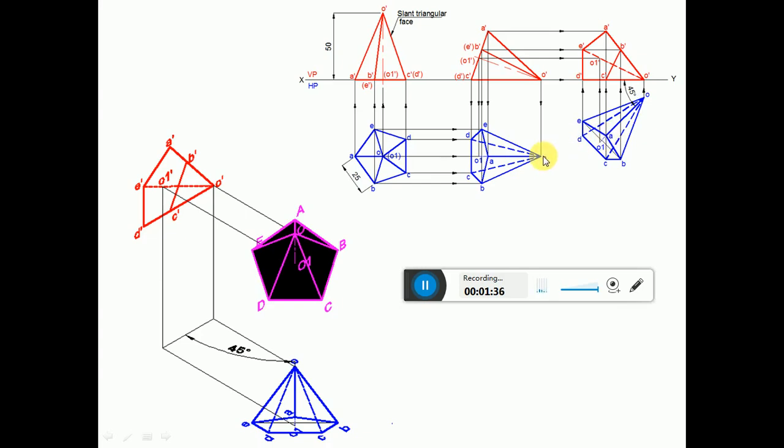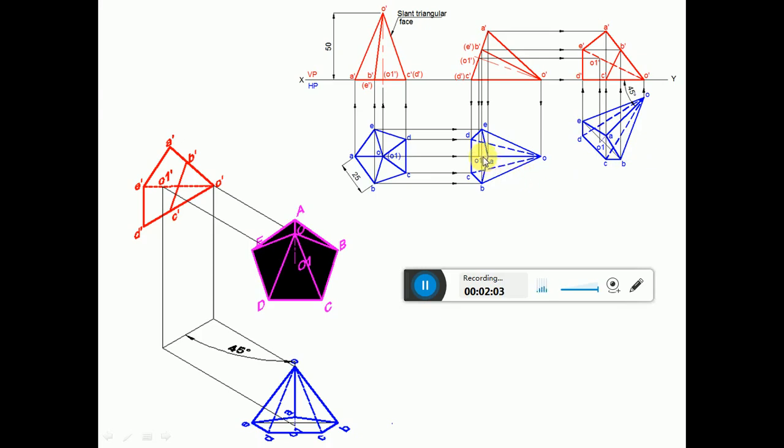Similarly, using the compass, you measure the distance from O to this point. So from O, you mark that point. Then, since this line BE is perpendicular to O1, from this point, using the protractor, you measure an angle of 90 degrees with respect to O1 and then draw a perpendicular line here.